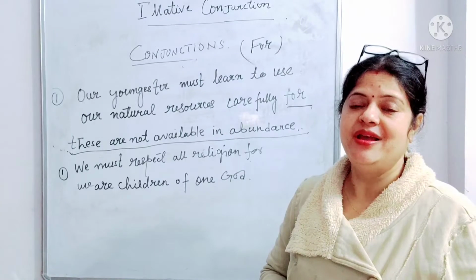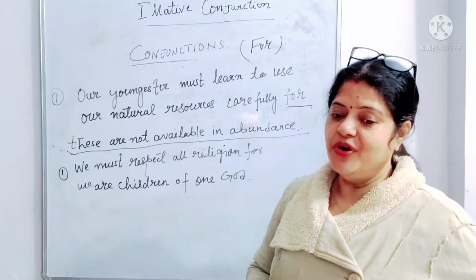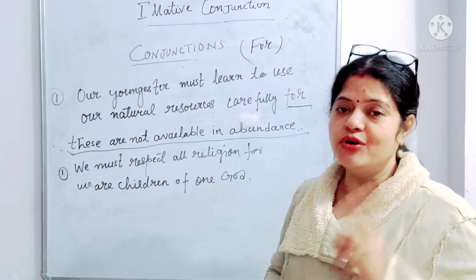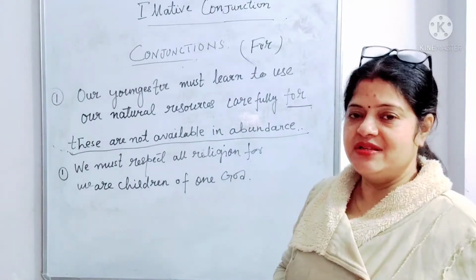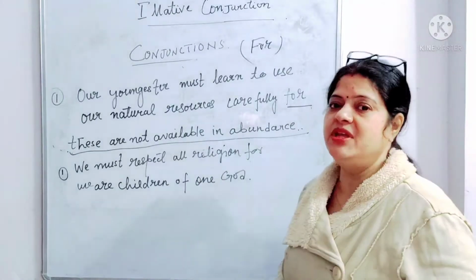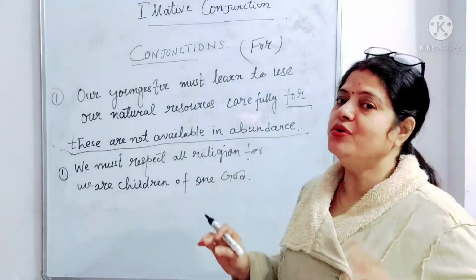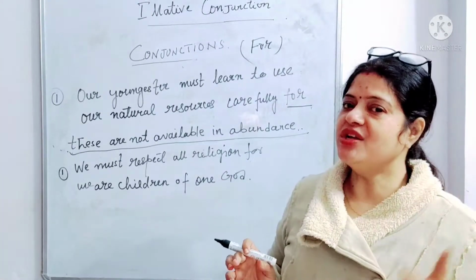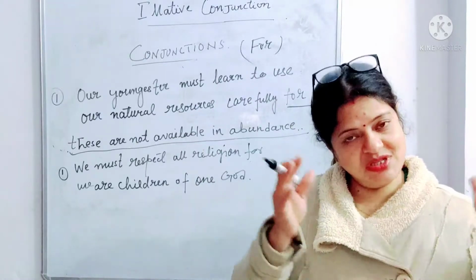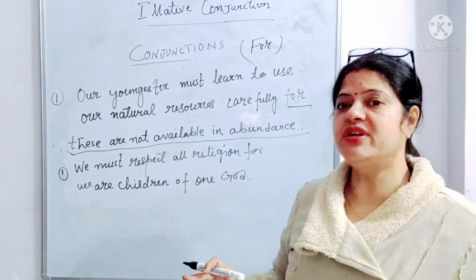Since we are not grammarians, we cannot tell you the exact reason for not using because in compound sentences. The reason might be something different, which I don't know exactly. But I know this much: because is a subordinating conjunction, so you cannot use it for compound sentences.